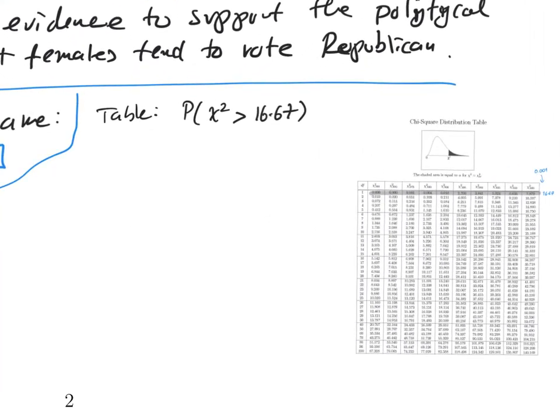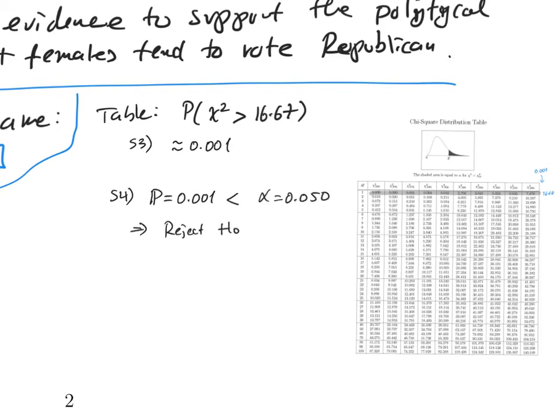So then you say, well, the p-value will be approximately equal to 0.001. Remember, you don't have to multiply by 2 because this is not 2 tails. So this will be the answer to step 3. Then step 4, the p-value is 0.001. Alpha was 0.05, so clearly this is less, and again the conclusion is reject H0.